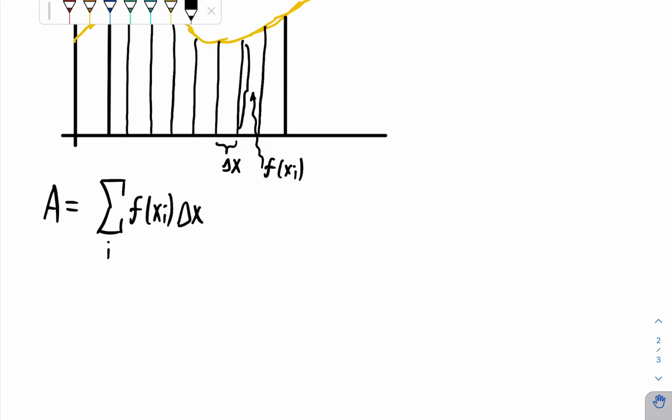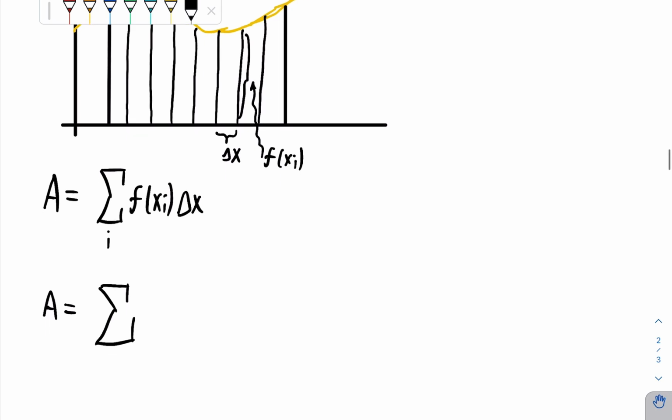So the area is really equal to the limit as n goes to infinity of the sum, starting at i equals 1 and ending at n, of f of x sub i delta x.